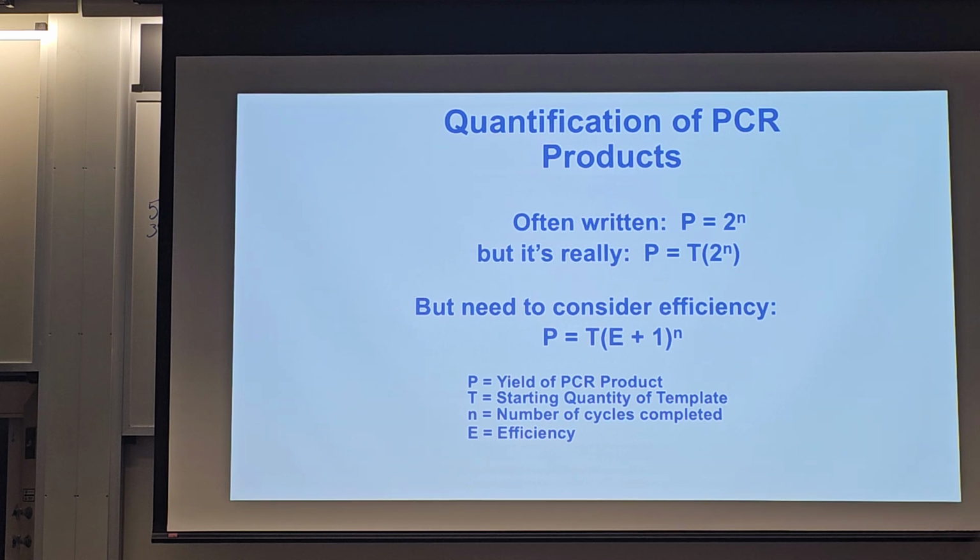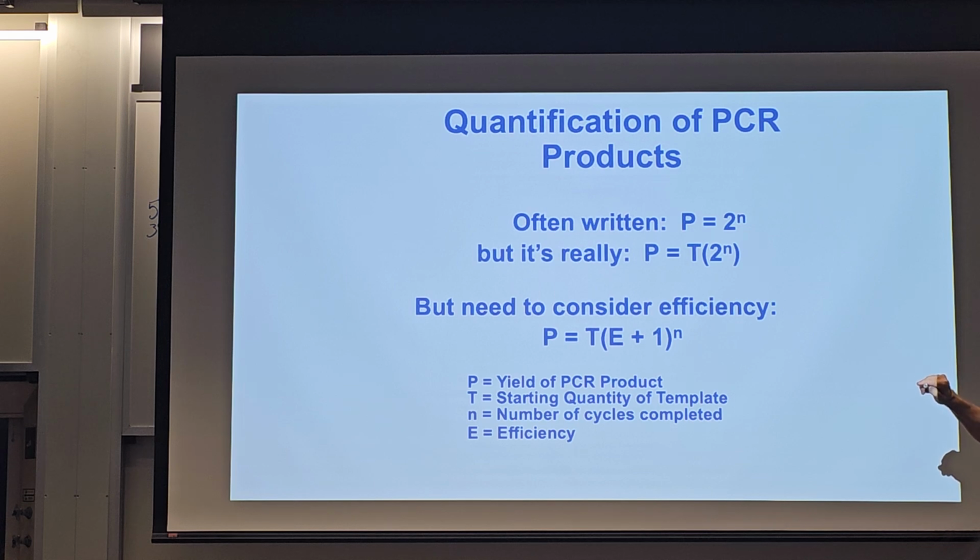The trick is that you have to be looking at your amount of product in those very early cycles where you're close to 100%. If you know you're doubling every cycle, and you measure the amount of product at cycle 10, you can back calculate how much you have at cycle 0, right? So that's what we're doing for real-time PCR.